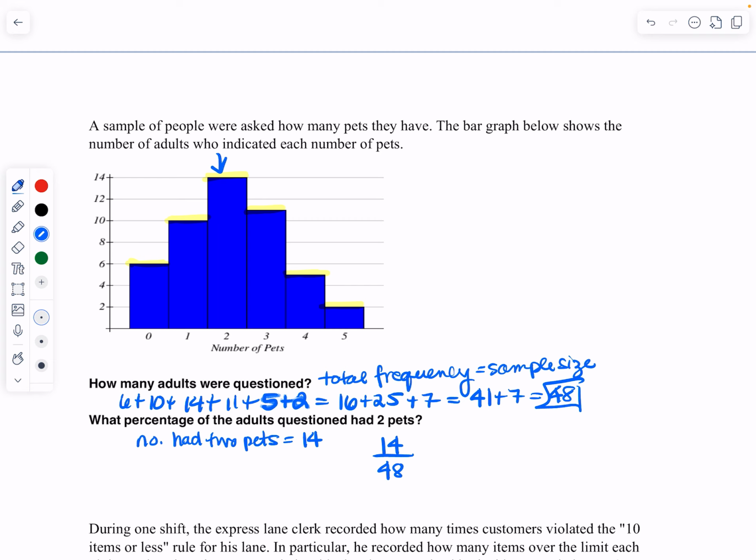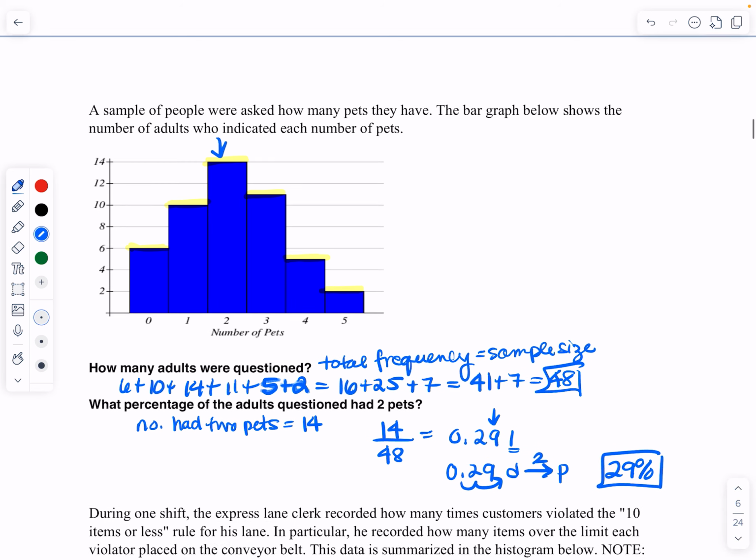So 14 divided by 48 gives me 0.291. I'm going to round to the hundredths place. So I see that there's a 1 that's smaller than 5, so I'll leave it alone. So 0.29. That is a decimal. I need to move it to a percent, 2 places to the right. So 29% of people owned 2 pets.